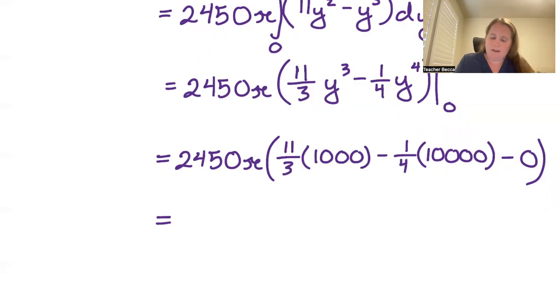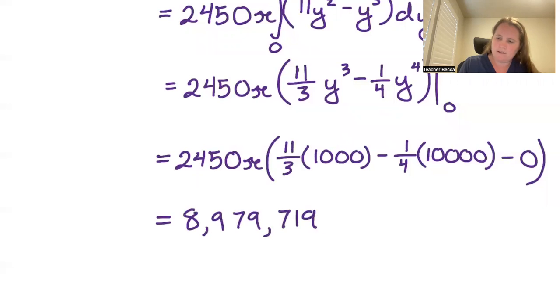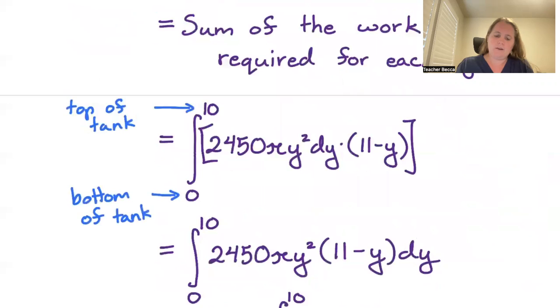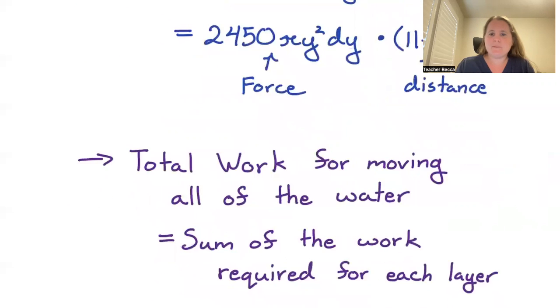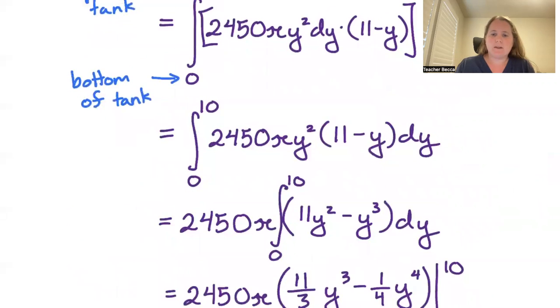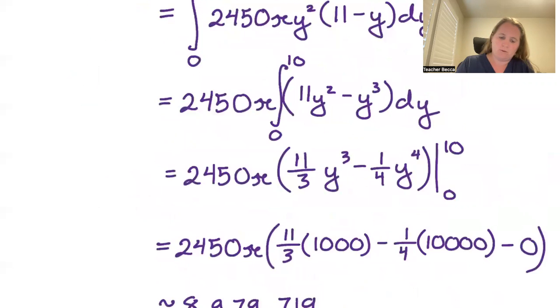And I wind up getting 8,979,719.002. So I'm just going to say approximately 8,979,719. And then the units we are working with, we are in the metric system, so this would be working with Newton meters or joules.